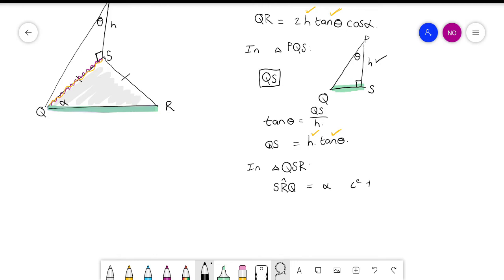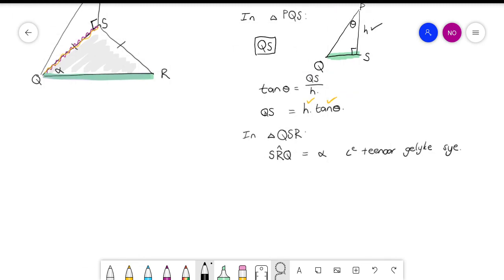There's hoeke teenoor gelyke sye. Wat kan ek ook sê? Ek kan ook sê dat die hoek QSR gelyk is aan 180 grade minus 2 alfa.